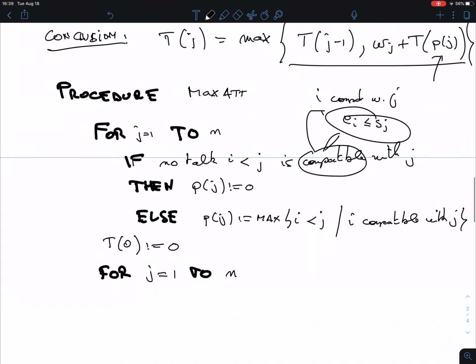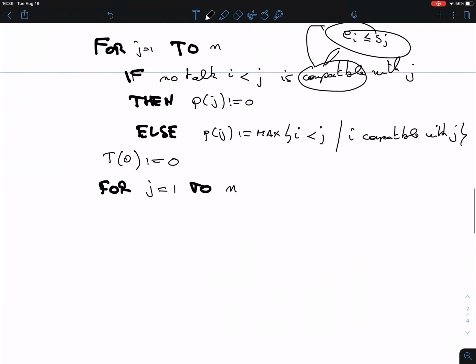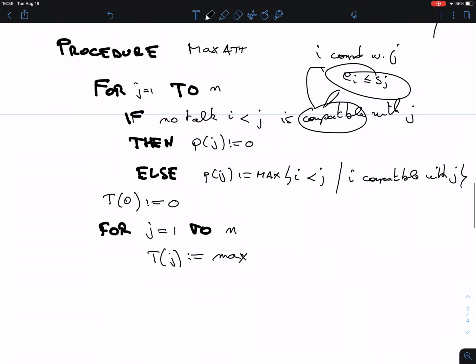And then what is the value of t? Well, that's given here. We have a recursive value. t of j is the max of t of j minus 1 and w j plus t of p j. Because we know what pj is, that's the whole point. We have calculated and stored that.